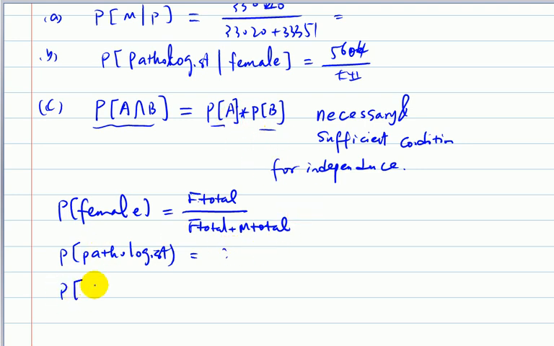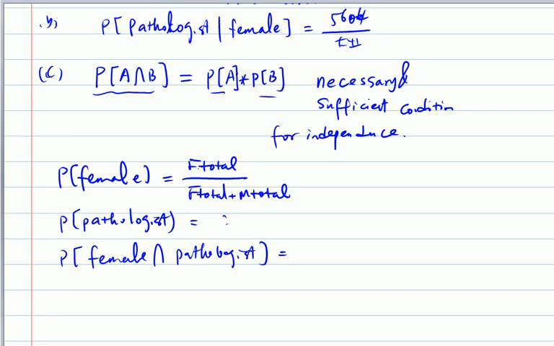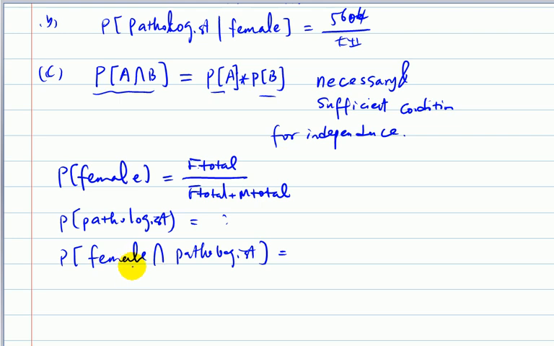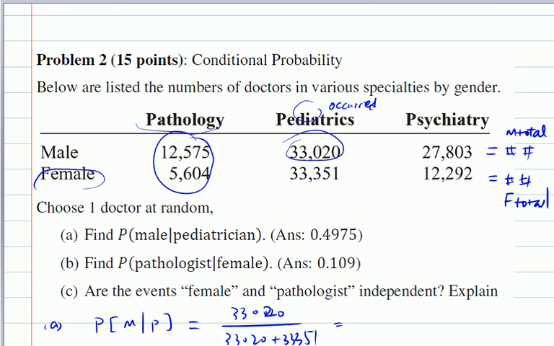So what about P(A and B)? So P(female and pathologist). What do you need to calculate here? It's female and pathologist. Let's take a look at this one here.